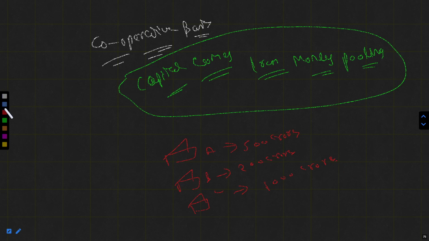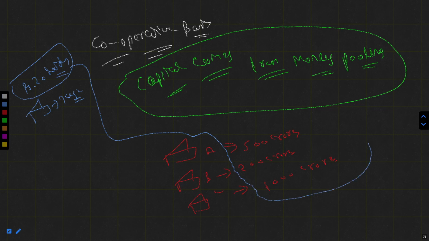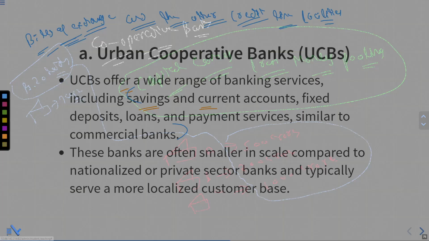But when we come to the XYZ, it was established by money pooling and the working capital was only rupees 20 lakhs. Okay, so if you compare this, you will say that the XYZ has a very low capital or operational area in comparison with the commercial banks.